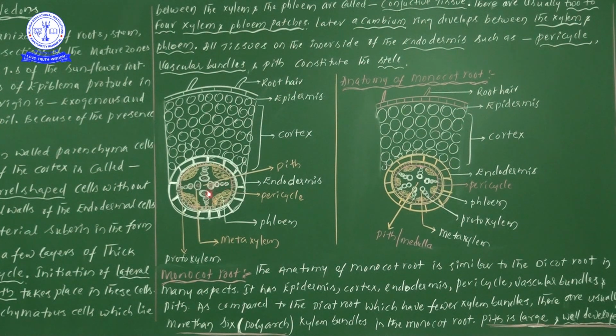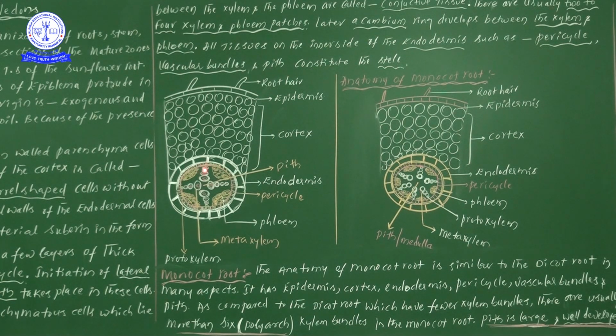In this gap we can find the presence of conjunctive tissue. If I draw the cells, the diagram will not be very clear, so I didn't mark the conjunctive tissue, but now we are learning that conjunctive tissue can be seen between the xylem and phloem.